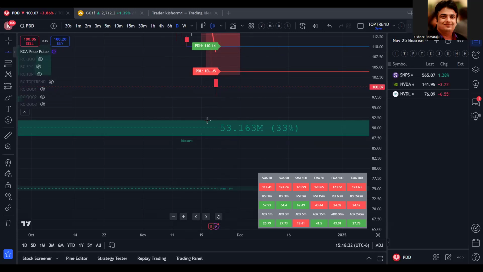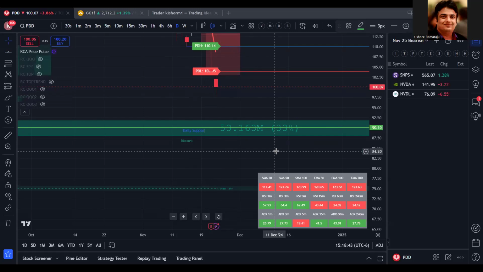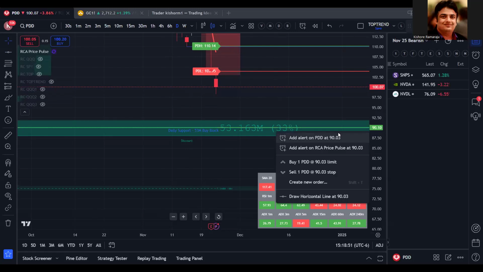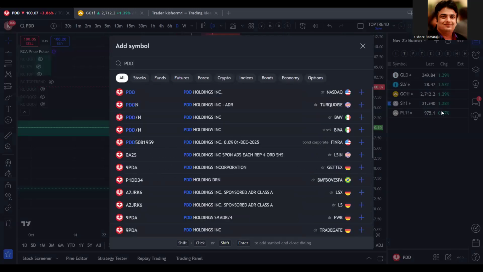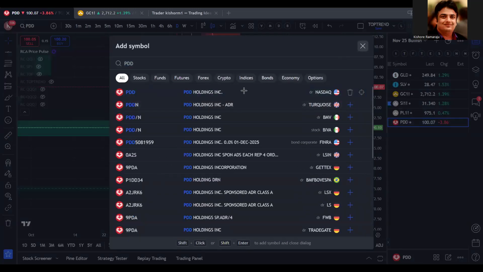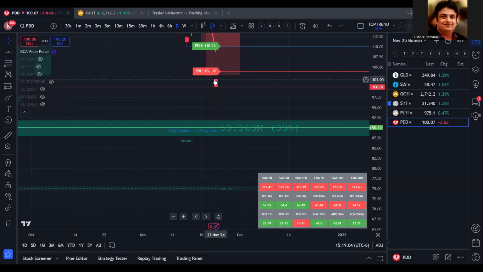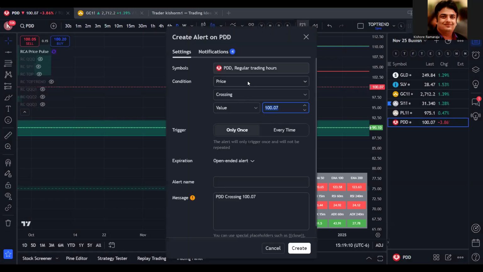So now I can put a, just in case on Monday morning, right in the pre-market, if there is a little more drop and it comes here, now I can create a buy alert.